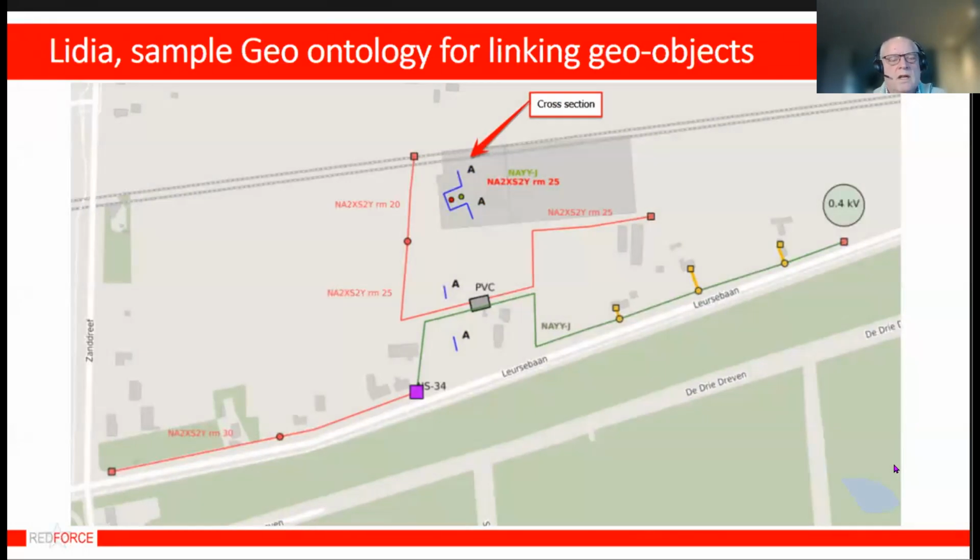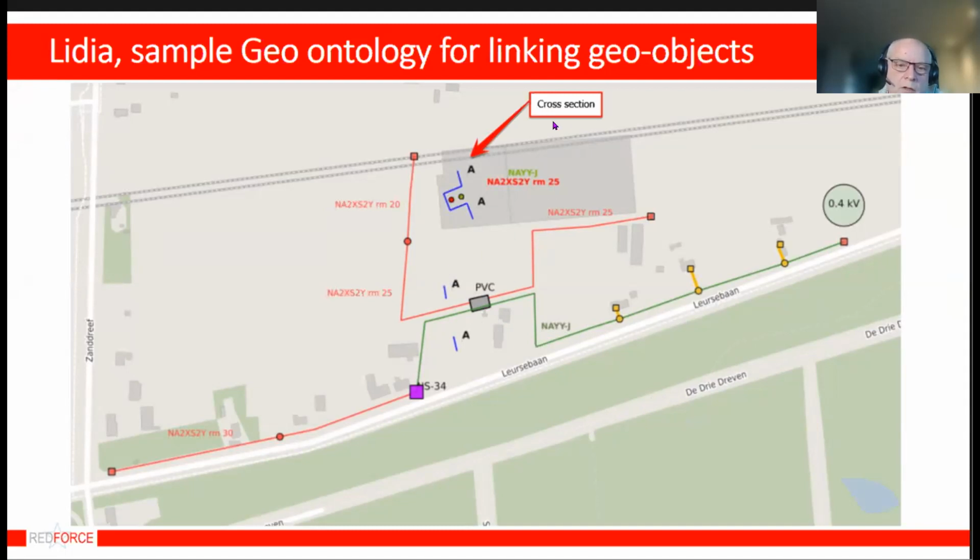So what is this geo ontology about? I have a little example here. It's about a power network, but I think it shows quite well what is possible. In green you see low voltage power lines, and in red are the medium voltage power lines.